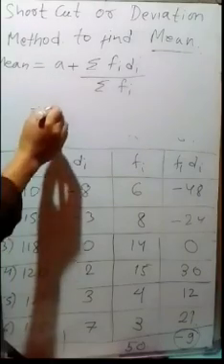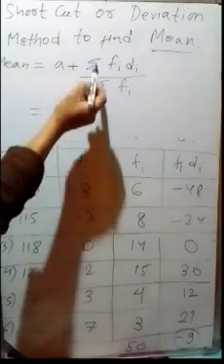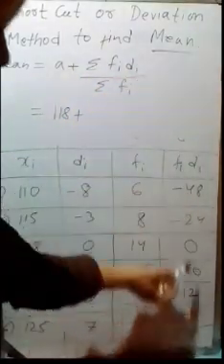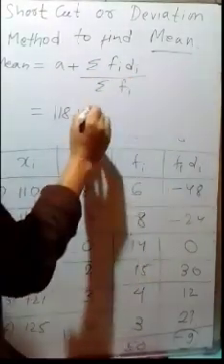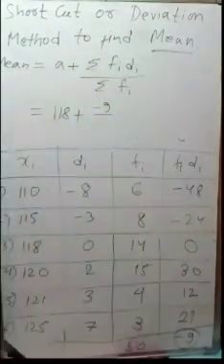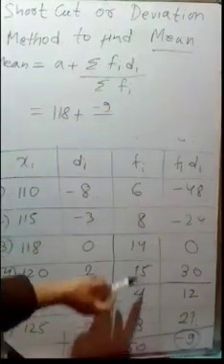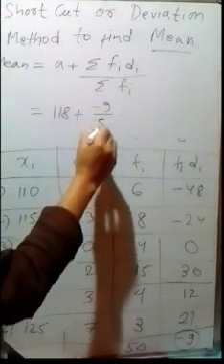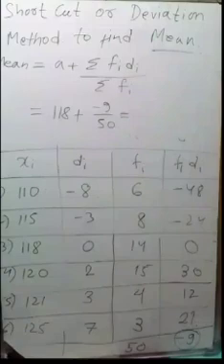We have chosen a equal to 118, plus sum of fi di. Sum means we have to add all these, which is minus 9. And what is the sum of fi? It means the sum of all these frequencies. This was 50. So here it will be 118 plus minus 9 by 50.